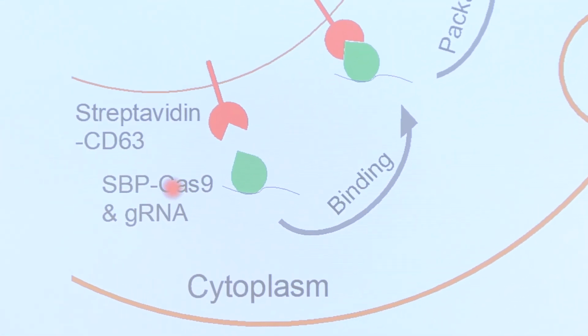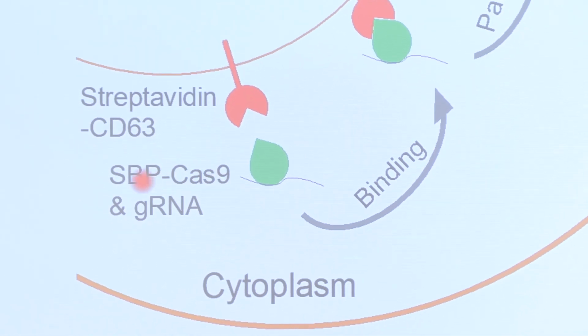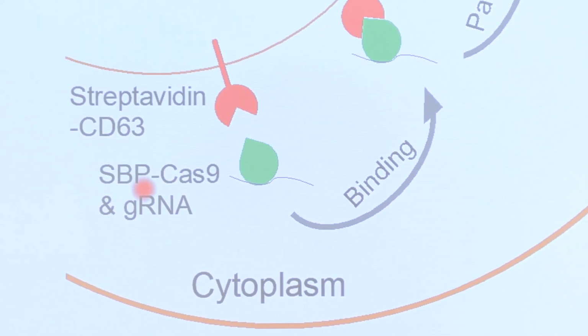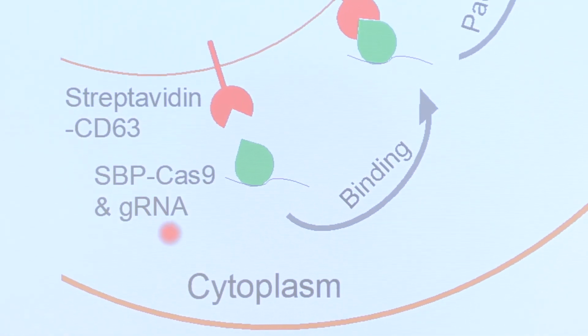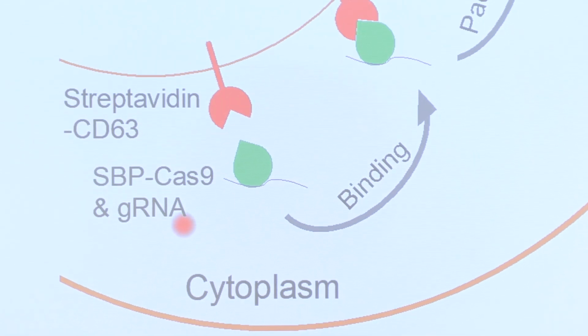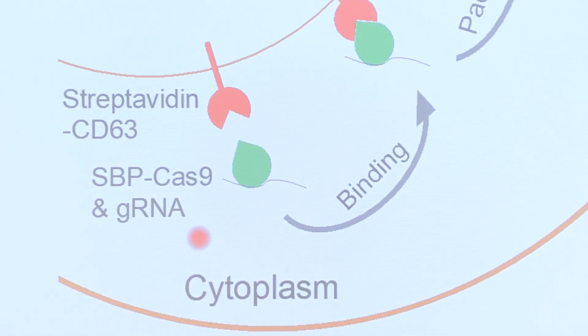Correspondingly, we took the gene for Cas9 and fused to its N terminus a protein called streptavidin binding protein. And then we expressed these in the donor cell, in this case a HEK293 human embryonic kidney cell line.